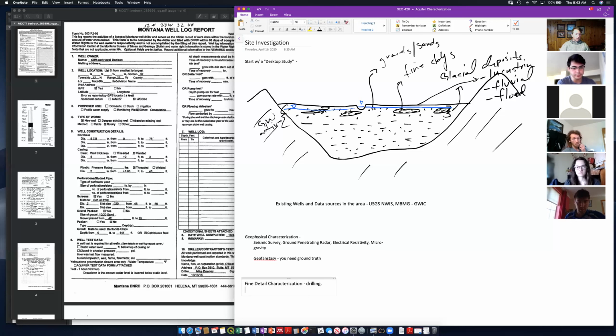So what we're going to talk about next is means of drilling and ways of drilling. I'm not sure if this is going to work, but I'm going to try and show videos on my machine that then have to go through Zoom.